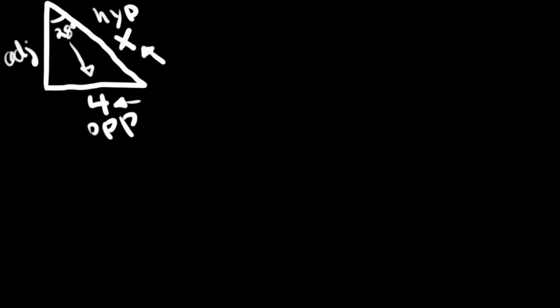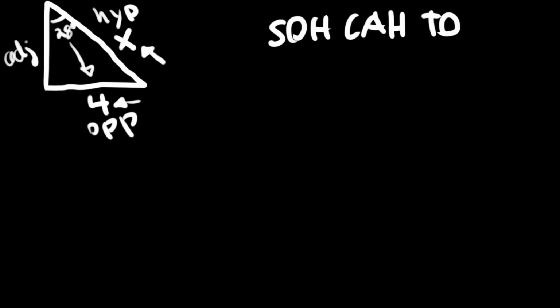The only function that has opposite and hypotenuse is, let's write down the mnemonic device, SOHCAHTOA. Now we can see that opposite over hypotenuse would be sine. So we use the sine function. Sine of, instead of theta, this time we know it's 28 degrees.